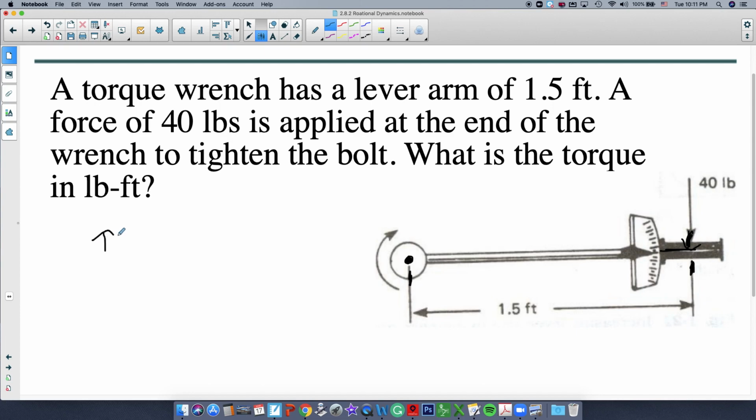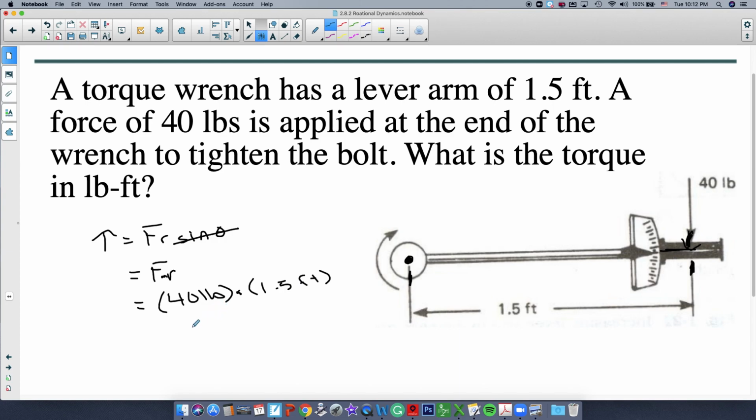Okay, so let's write our equation out. Torque equals force times radius times sine of whatever angle. And since you're pushing at a 90, we don't need that, right? So this is our basic equation. It's just going to be force times radius, or force times lever arm. Okay, so our force that we're applying is 40 pounds, and our radius of rotation, 1.5 feet.